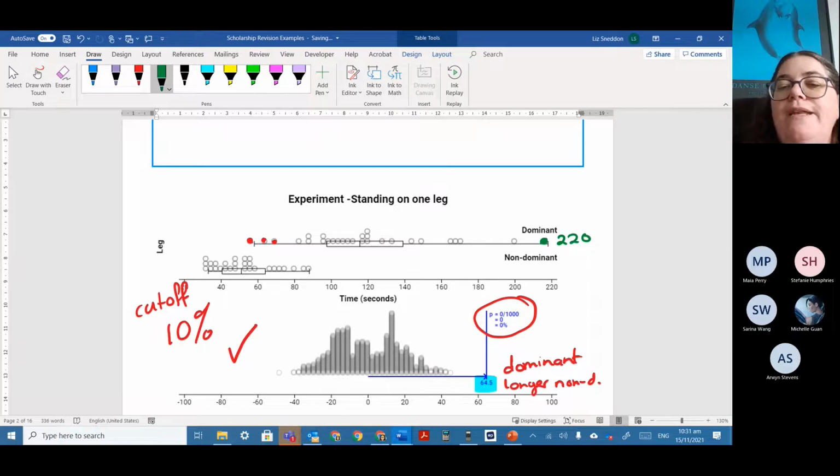Then it takes the next point at about 200 and again flips a coin, randomly deciding which group it goes into. Once it's done that with all of the points, it calculates the difference in the median, and that difference in the median is one of the points on this graph here.